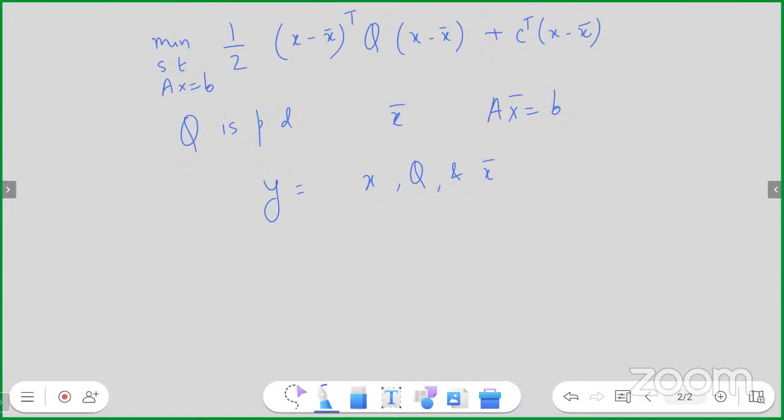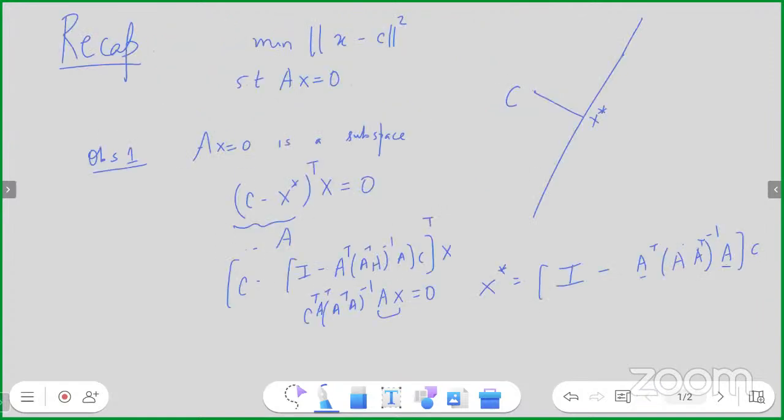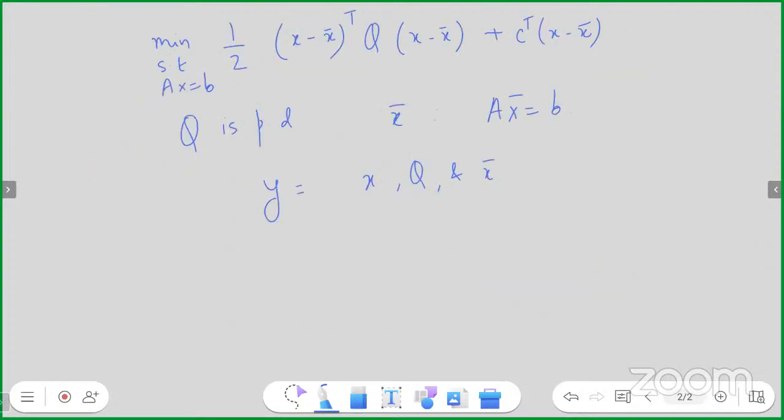And you also want A y equal to 0, where A can also be transformed. See, the A here is a generic A. I can replace some other matrix here as well. So when I'm starting here with A x equal to b, I'm allowed to write it as some D times y equal to 0. That is in the same form as before.